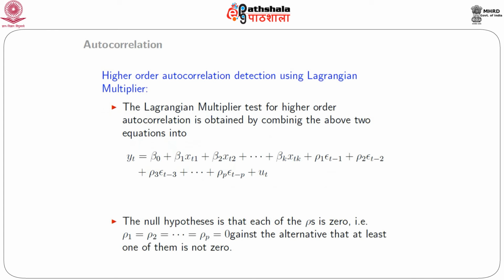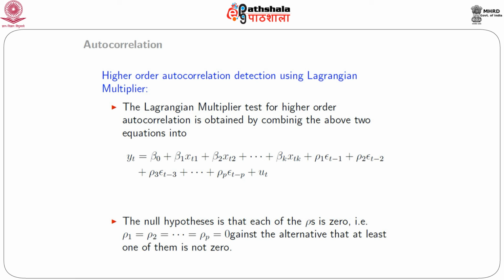So, higher order autocorrelation can also be detected using the Lagrangian multiplier test. The test for higher order autocorrelation is obtained by combining the above two equations into one, which can be written as yt equals beta naught plus beta 1 xt1 plus ... plus beta k xtk plus, and now we replace epsilon t with rho 1 epsilon t minus 1 plus rho 2 epsilon t minus 2 plus ... plus rho p epsilon t minus p plus ut.